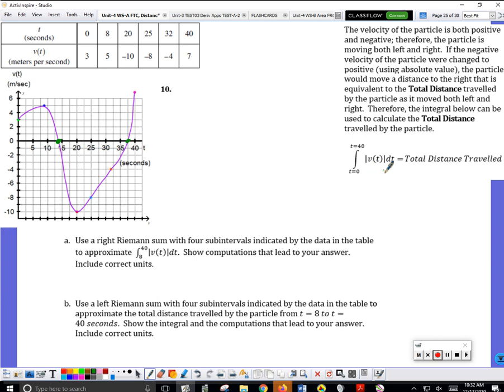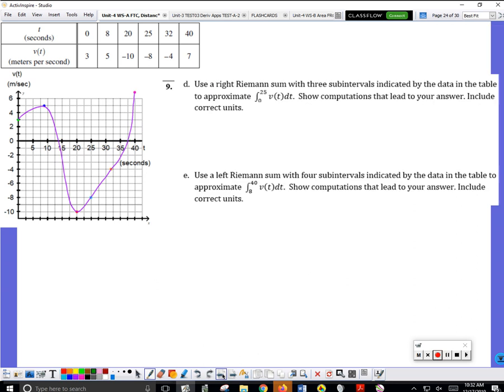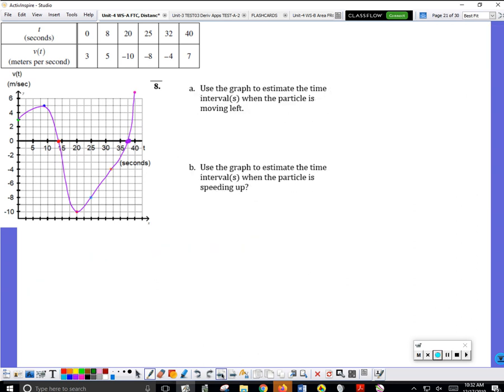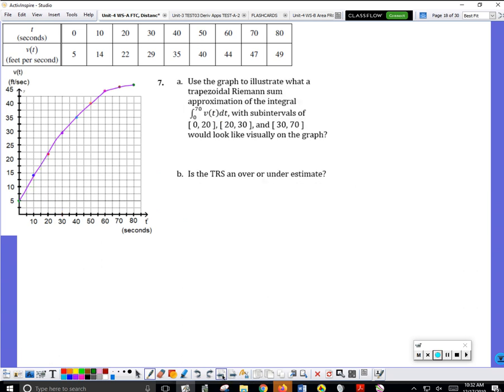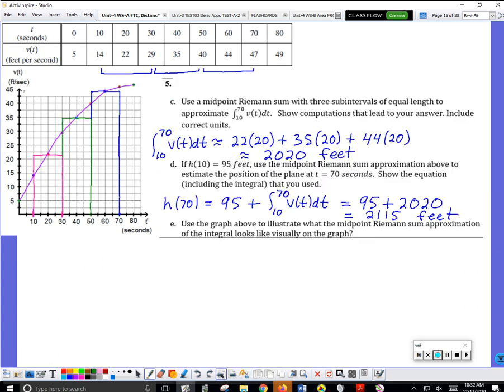So when you go to do an integral using the absolute value of the velocity, the only thing that's different is, when you write out the integral, like your Riemann sum approximation, like say this one here, you're going to have an additional item. You can't just write down the velocity, you have to find the absolute value of that velocity. That's how you find total distance traveled.